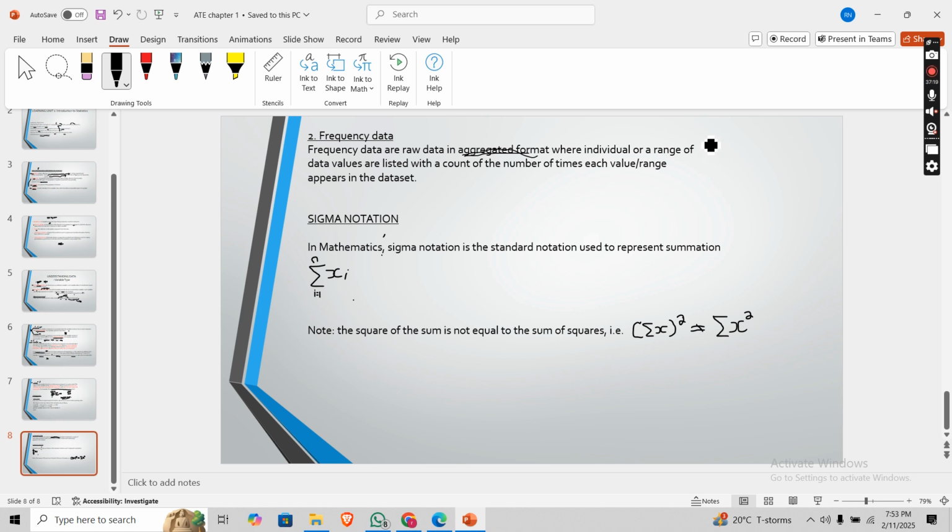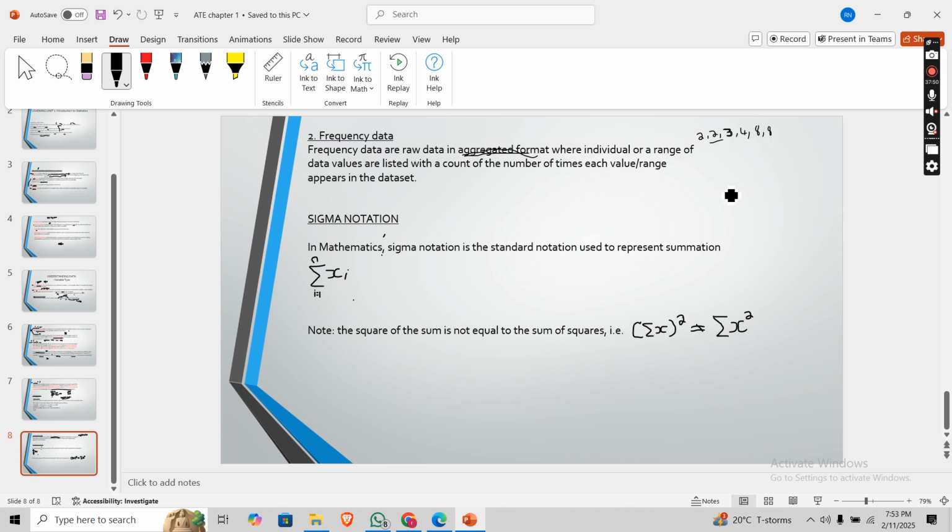For example, let's say we had data in this form: 2, 3, 4, maybe 8. As we have said, this is raw data.